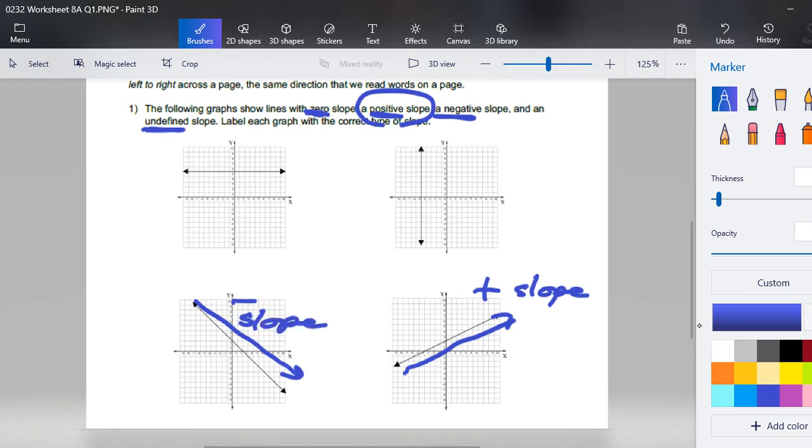By process of elimination, we're now down to looking at which one's zero and which one is undefined. Maybe you want to think about riding a bicycle, because if you were riding a bicycle along this slope from left to right, you've got no hills, no ups, no downs, zero. Nothing is going up or down. It's a zero slope.